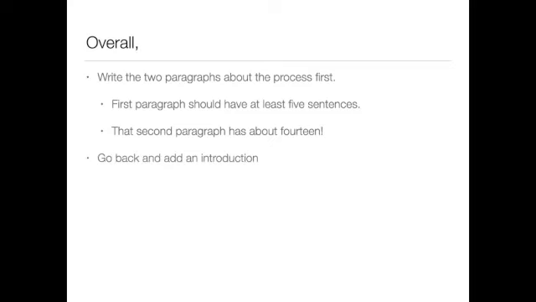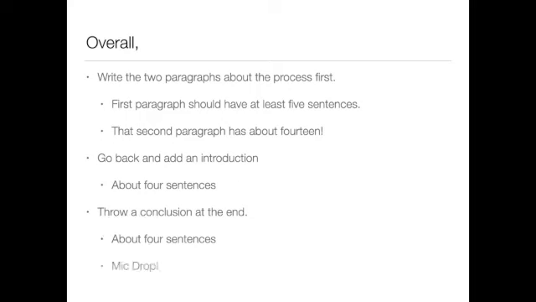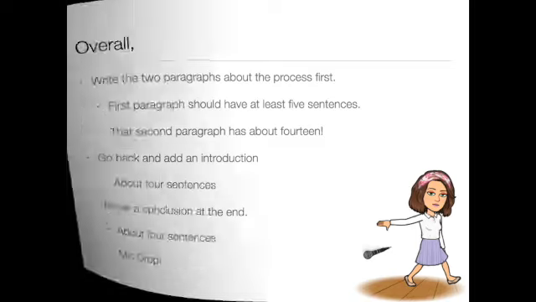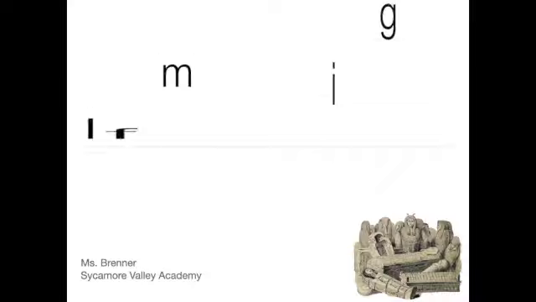But then you went back and you added an introduction, which was like 4 sentences. You throw a conclusion on the end, which repeats a lot of the same information from an introduction, and that's about 4 sentences too. And then you do the hardest part, which is you add a really good mic drop. Boom. And that's it. That is a beautiful 4-paragraph essay about sequential writing, and you learn something about ancient Egyptians along the way.